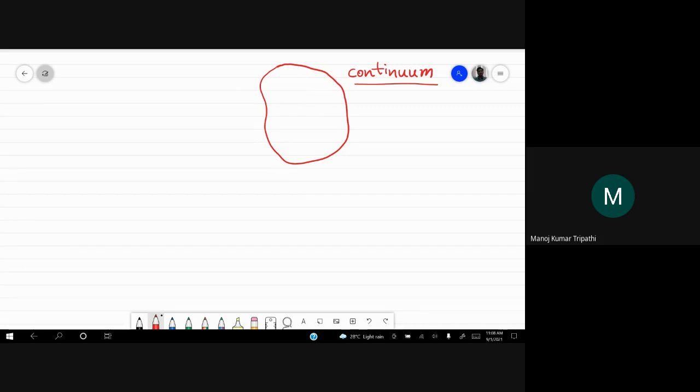So let us take an example here. We can apply continuum hypothesis to water flow, even to air flow. Let's say this is Earth. Let's say this is the exosphere. Okay. Till where there is the atmosphere.